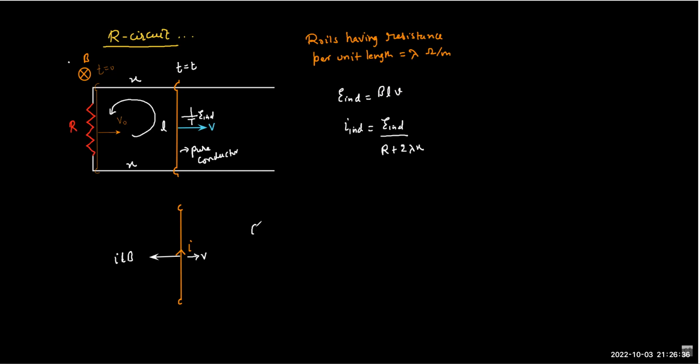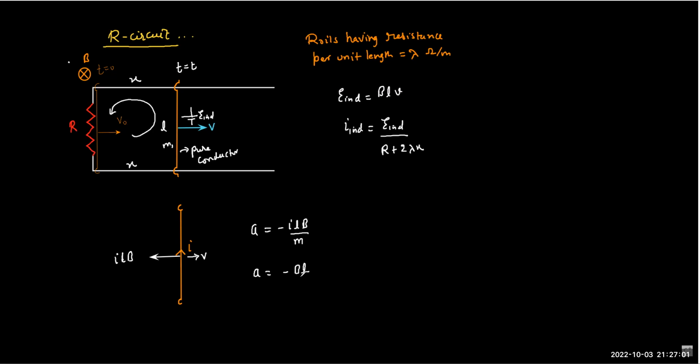So we can say the acceleration equals to minus ILB upon mass of the rod. And why minus? Because the velocity and the acceleration values are opposite, so it is actually retardation. So when we write acceleration, we put minus. So A turns out to be how much?